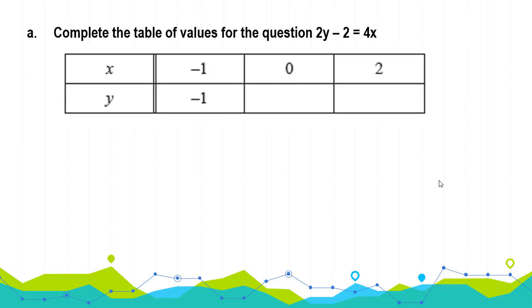The first step. Input the value of x into the equation 2y minus 2 equals 4x.